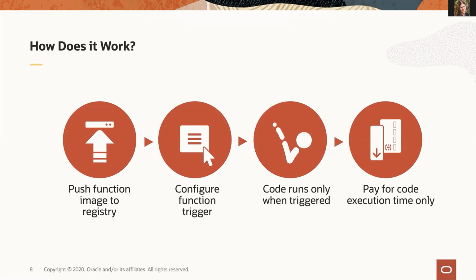As I said, it can be an event in OCI. It can also be an HTTP request. Then your code runs when it's being triggered, and you pay only for when it's running. Whenever your function is idle, you don't have to pay anything.